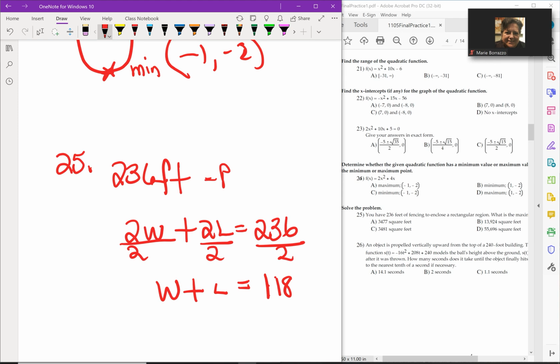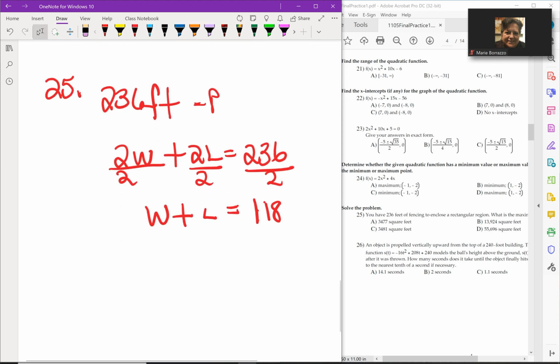Okay, and now I can solve for length times width because I know that the area is length times width is equal to the area. And so I just need to find what the length and what the width are.